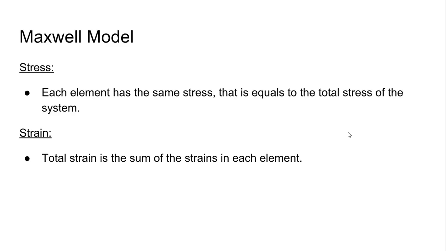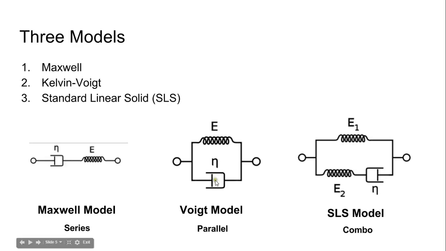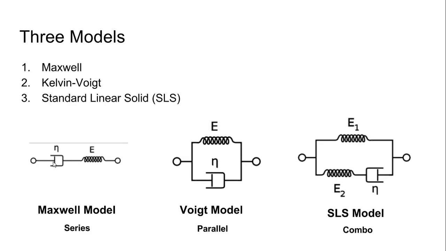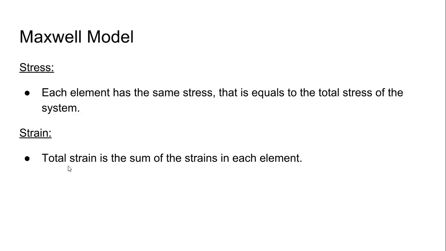So going back here, both elements have the same amount of stress, and that's equal to the total stress in the system. But the total strain is different. The total strain is the strain from this element and the strain from this element, combined together.